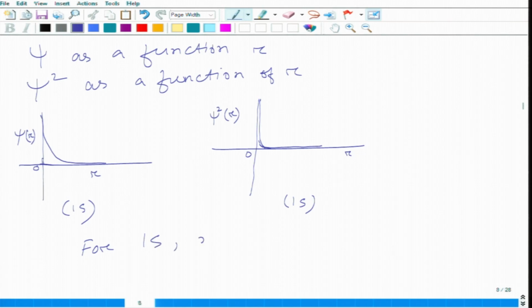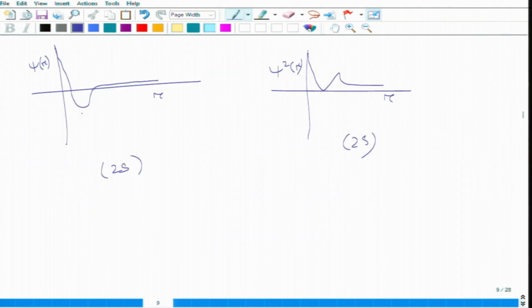For 2s, we see that the probability density once touches 0, then again increases, reaches a small maxima, and then decreases, and it continues. So for 2s, we can see one node. Okay. So, we will discuss the detailed shape of the s orbitals and other orbitals in the next part. Thank you.